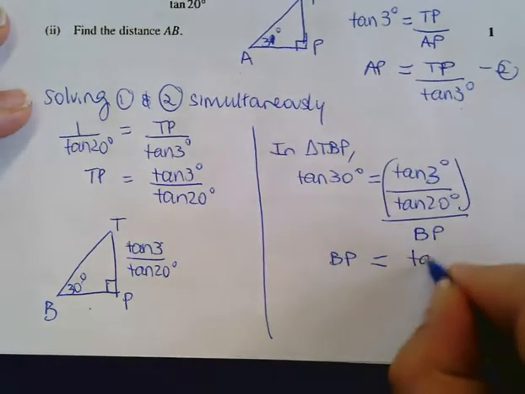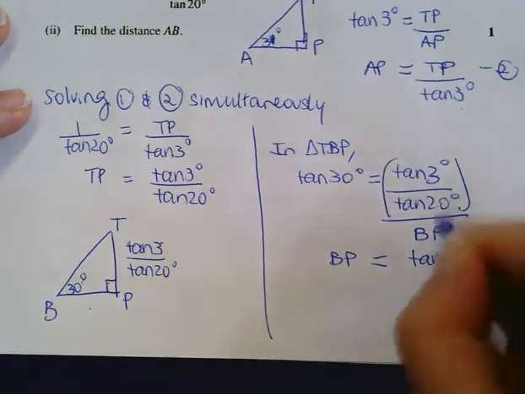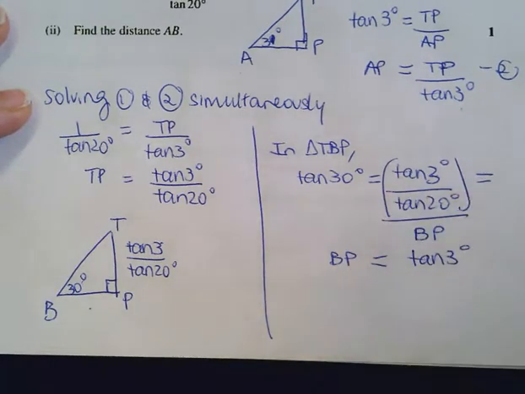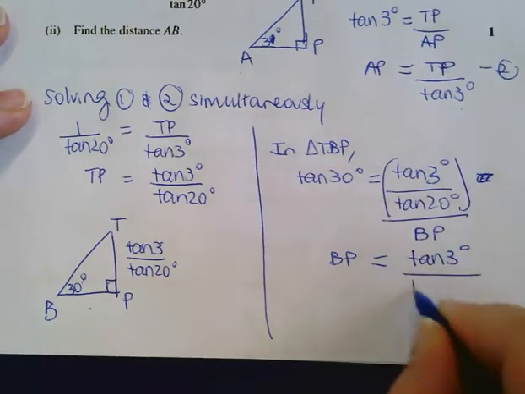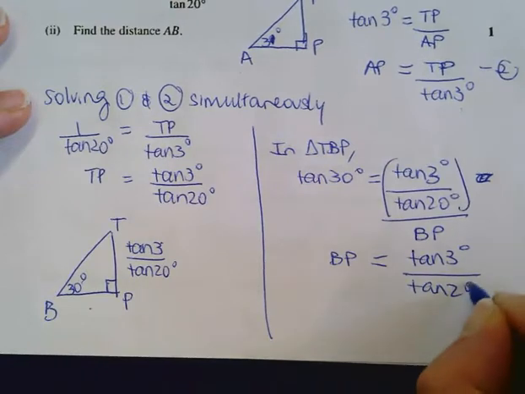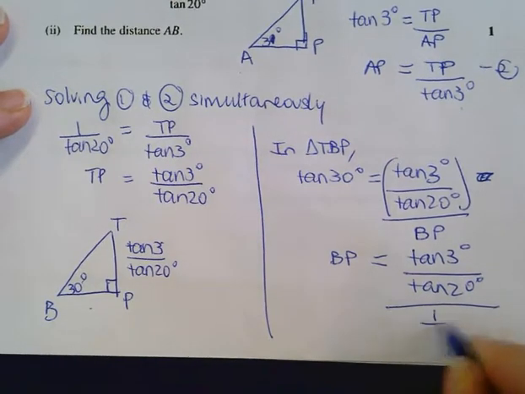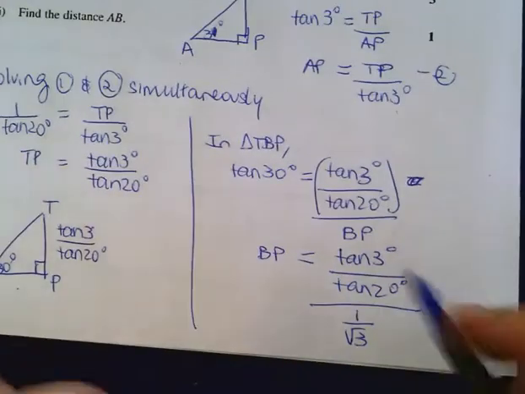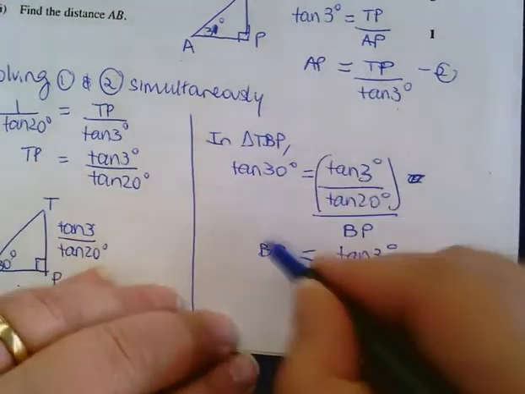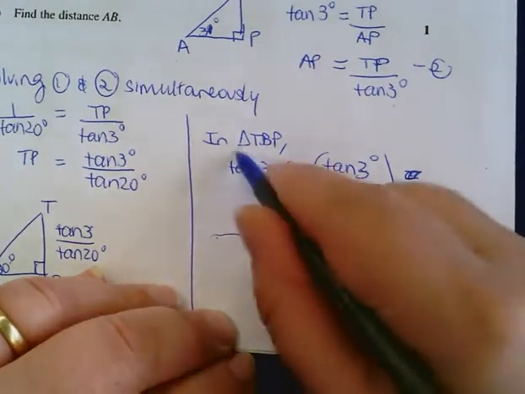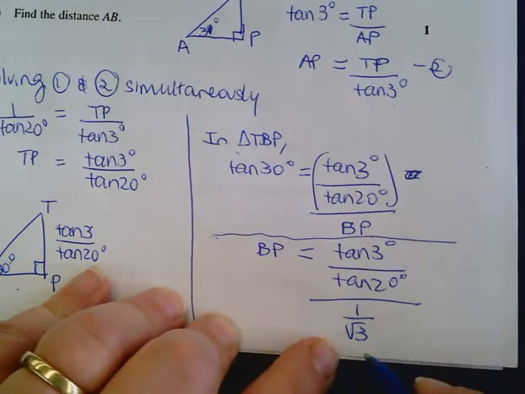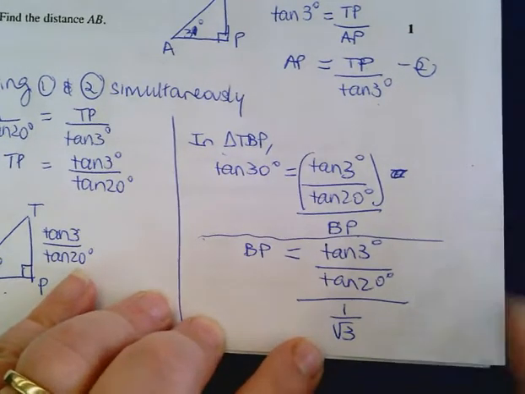So BP equals tan of 3 over tan of 20, divided by tan 30. What's tan of 30? It's 1 on root 3. So I'm swapping BP and tan 30. Are you okay with me doing it like that?